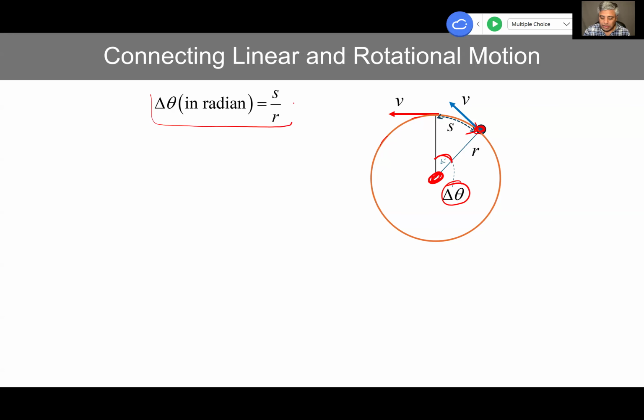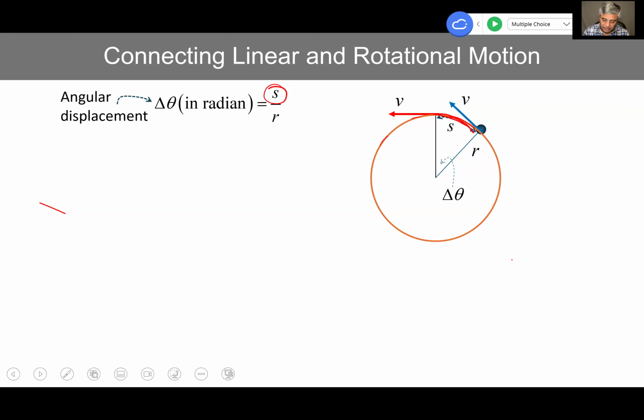It is the same as what we did in circular motion, okay? There is this equation that relates the angular displacement and the linear displacement. It comes from trigonometry. Now I can solve this one for S, the linear distance. When I do that, I get S is R times delta theta.